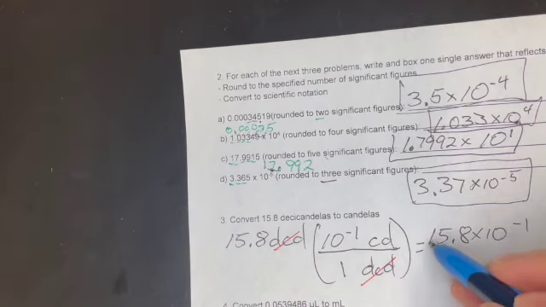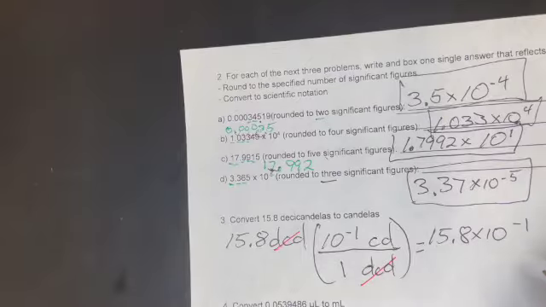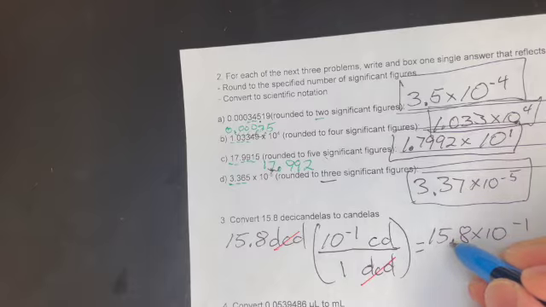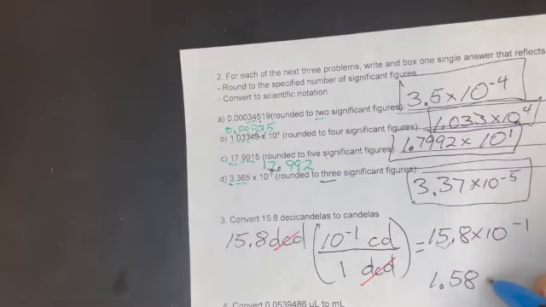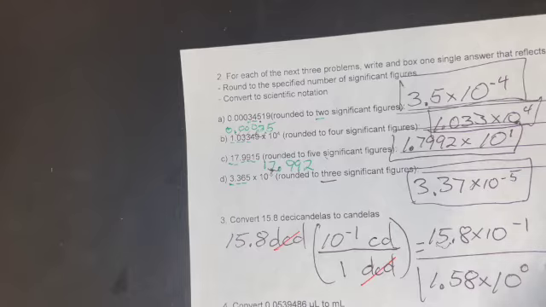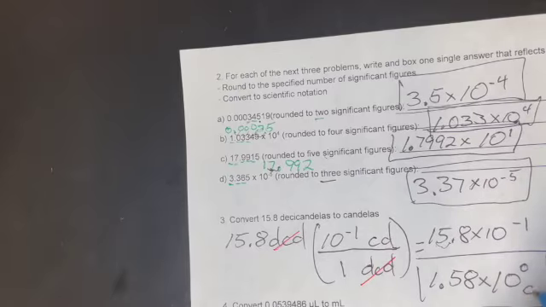Remember, it has to be a digit, a decimal, and then all other sig figs. So I'm going to move over the decimal point 1 time. And since it's going to be a bigger number, I'm going to increase the exponent by 1. That's actually 10 to the 0. Oops, candelas. Don't forget the units.